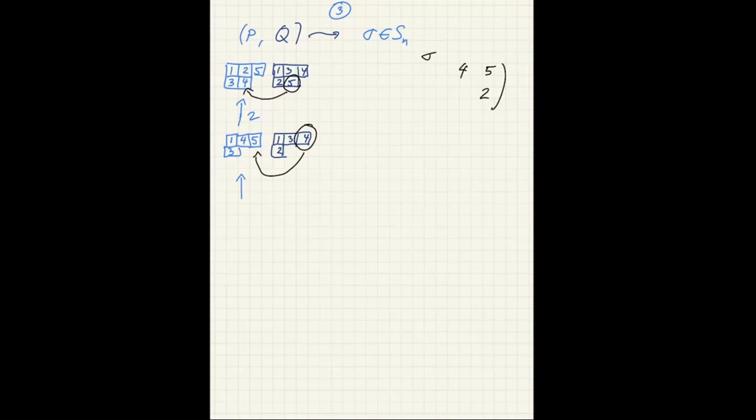That 5 didn't bump anything, so that's the entry that must have showed up to increase the tableau. So this is the 5 here. And now the tableau that we have is 1, 4, 3, and the other one is 1, 3, 2. We look at the largest entry, which is 3, and that one corresponds to this entry 4.